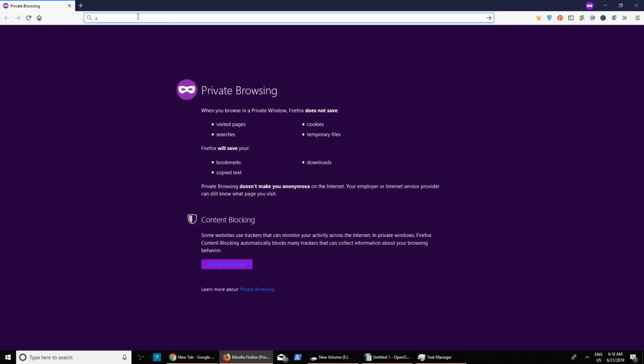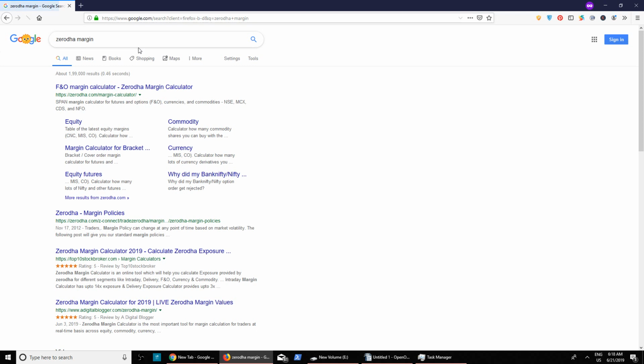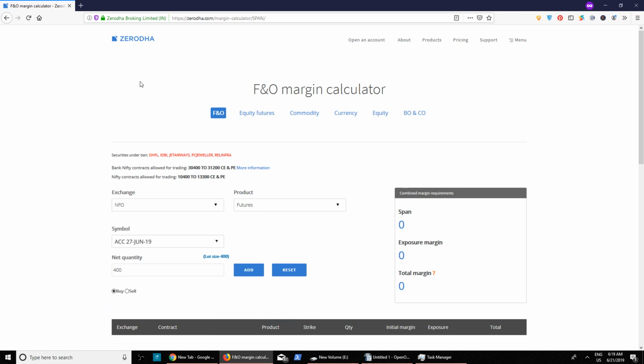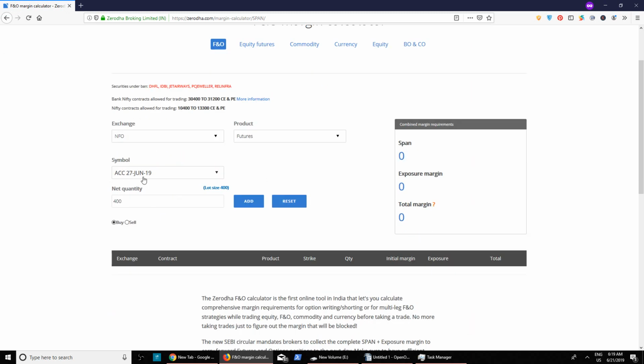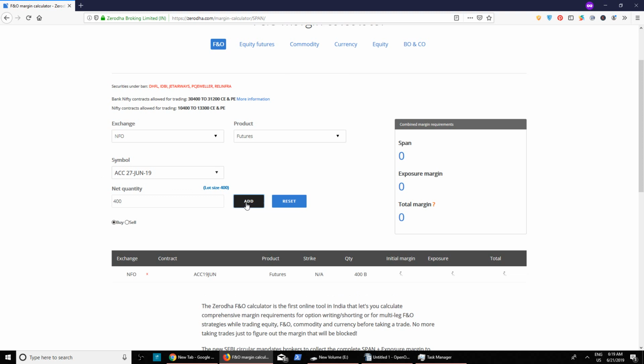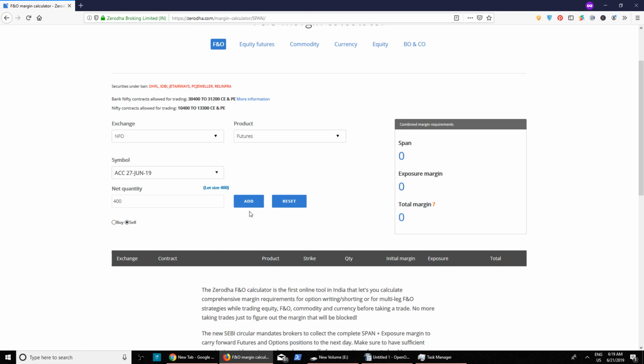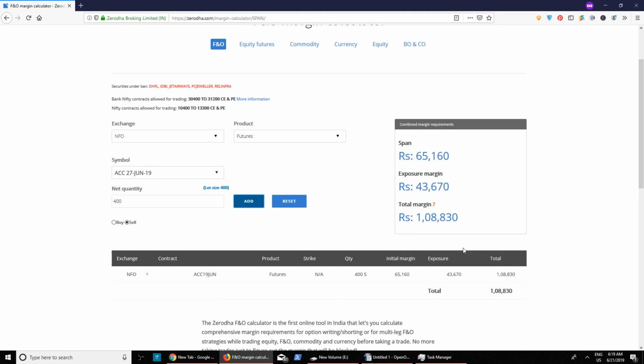I'm just going to show it to you right now. So the Zerodha margin calculator. So here it is. If I click on margin, and look at futures, for example, ACC stock, if you want to buy, it's about 1,09,282, and if you want to sell, it also requires almost the same amount of margin.